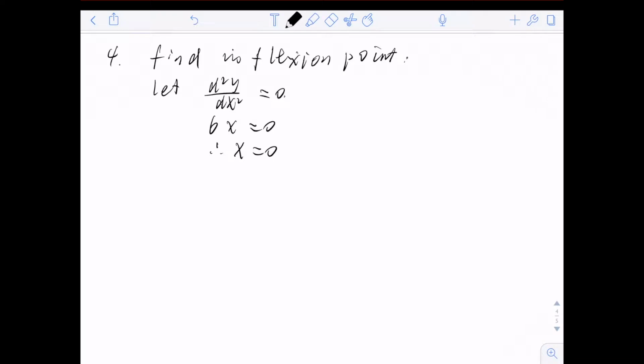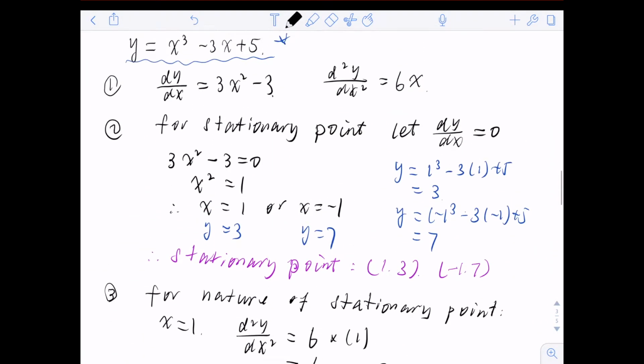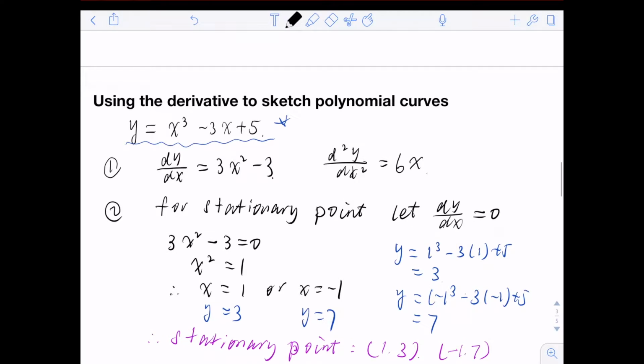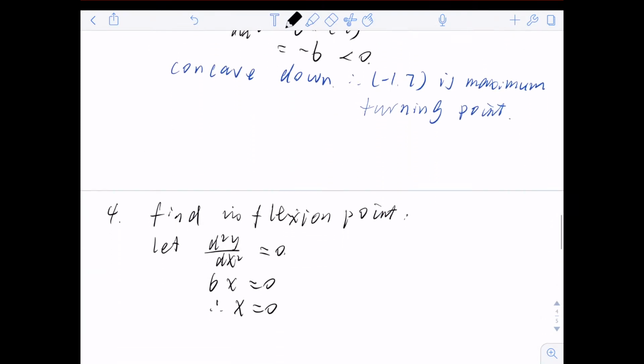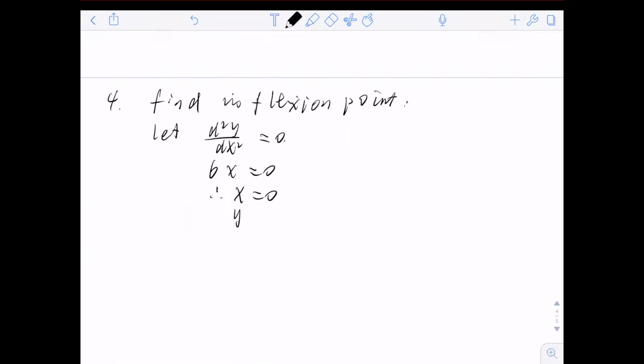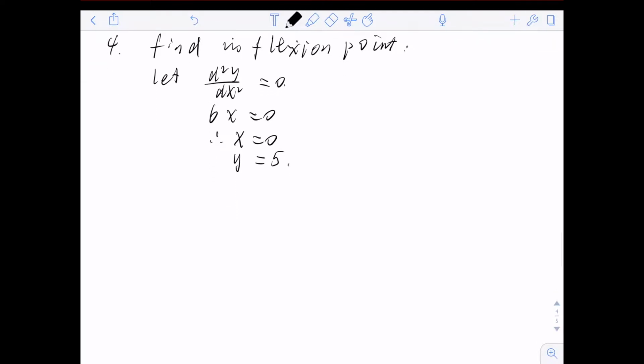And we sub into the y, the original here, where x equals 0. So we have y equals 5. So therefore, 0, 5 is a possible point of inflection.